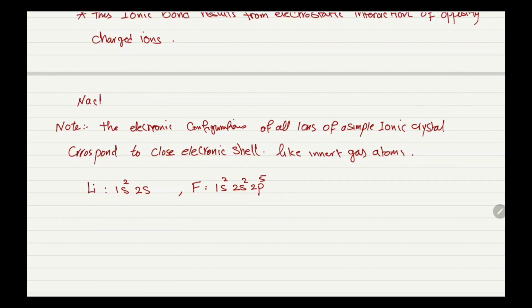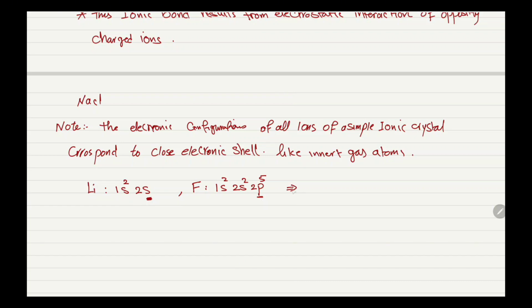As we can see here, the outermost shell of fluorine is missing one electron, and the outermost shell of lithium has an extra electron. So in an ionic crystal, fluorine will accept one electron and lithium will lose one electron.